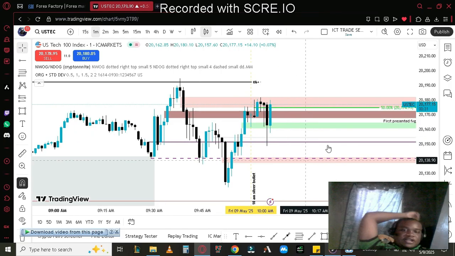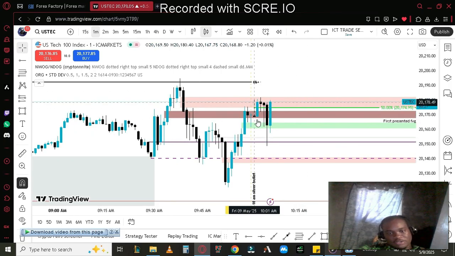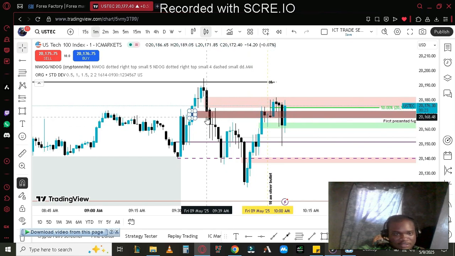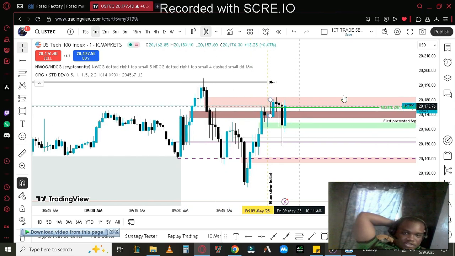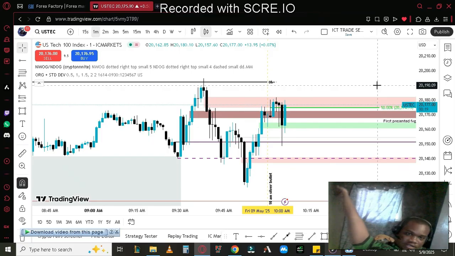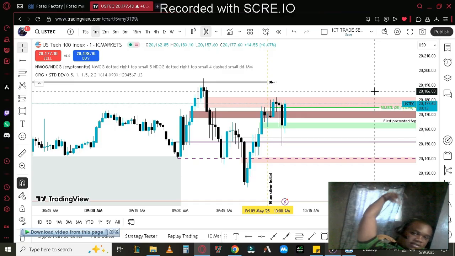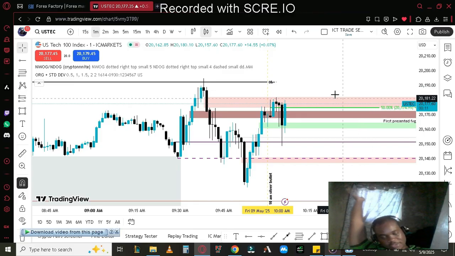So if you realize what's happening here, time dilation, just back and forth movement. And if you're just using the first presented FVG as an entry mechanism, you would have been chopped to pieces here, and then you'd say it's because it's Friday, which it does affect, right?